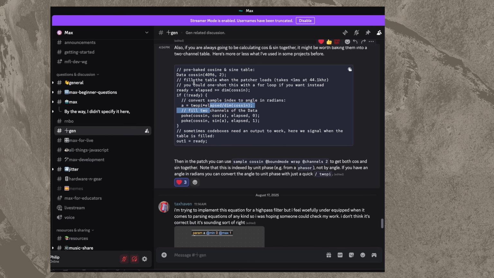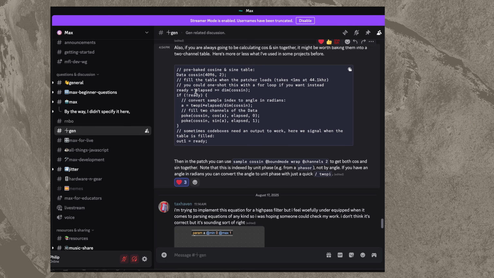And we know to do that based on elapsed, which is Gen's signifier for the amount of time in samples that this Gen patch has been running.